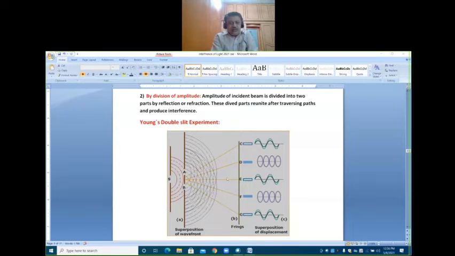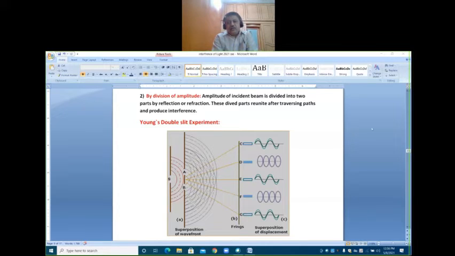Point E is equidistant from A and B, which means light propagating from A and from B reaches E simultaneously. Therefore, there is a crest falling on crest, trough falling on trough. So there is addition of intensity. It is constructive interference.